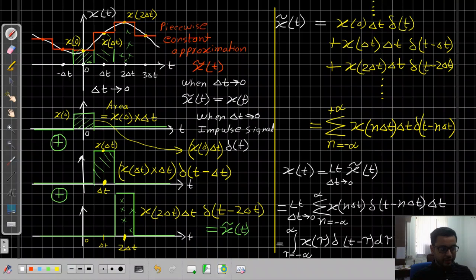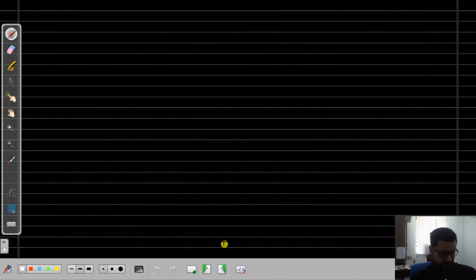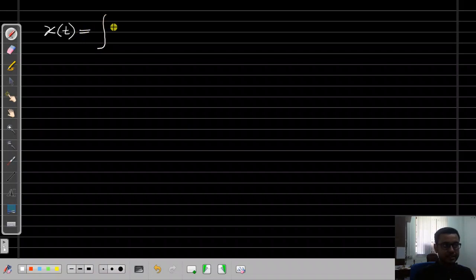Let me write it freshly once here. Any signal x of t can be written as the integration of x of tau times delta of t minus tau. The integration is carried over tau.